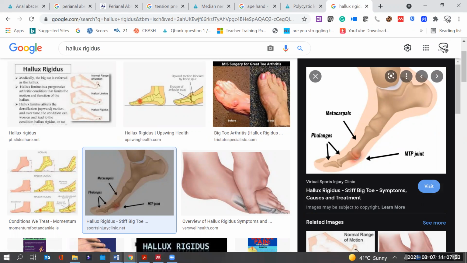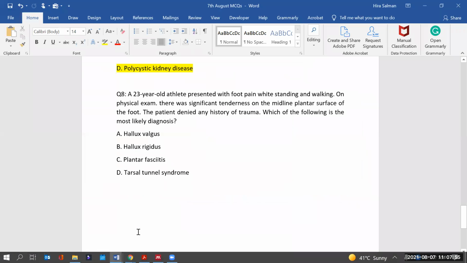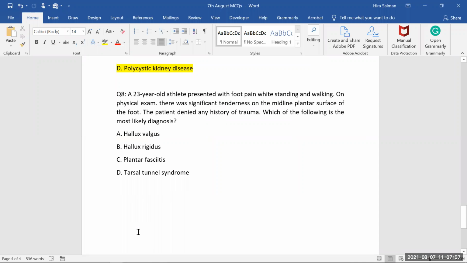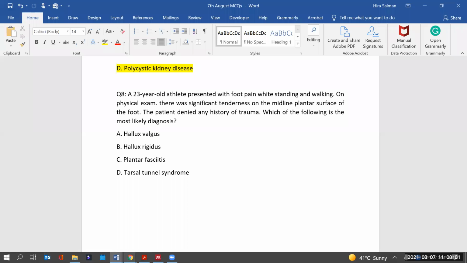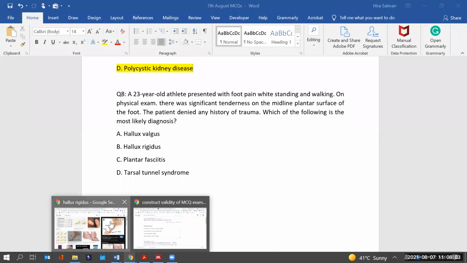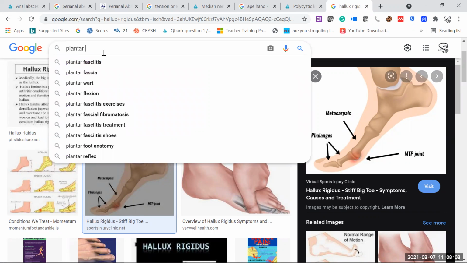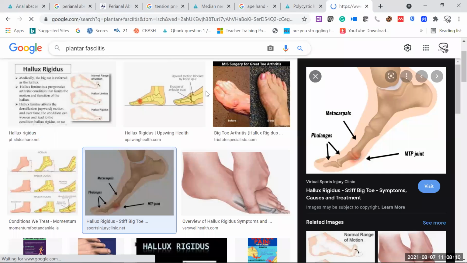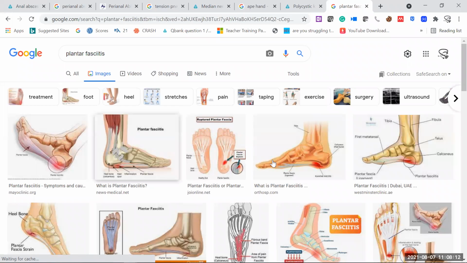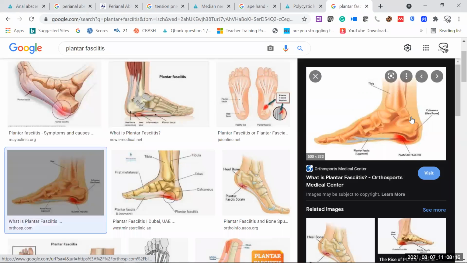And what is the next? Which is the bone above calcaneus? Calcaneum is the heel bone. Where is the other big bone of the heel? Talus, you are talking about talus? Yeah.